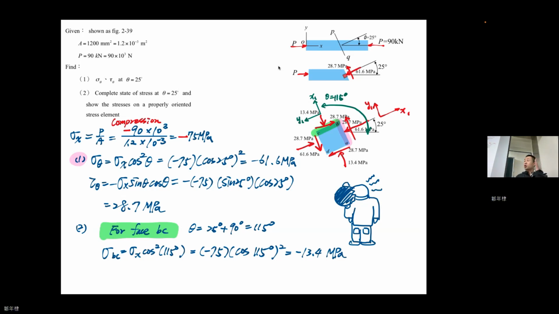So your focus on the pink surface was 25 degrees, and your focus on the green surface was theta equal to 115 degrees. And all we need to do is just calculate sigma BC, the normal stress on BC, but we don't need to calculate tau BC.